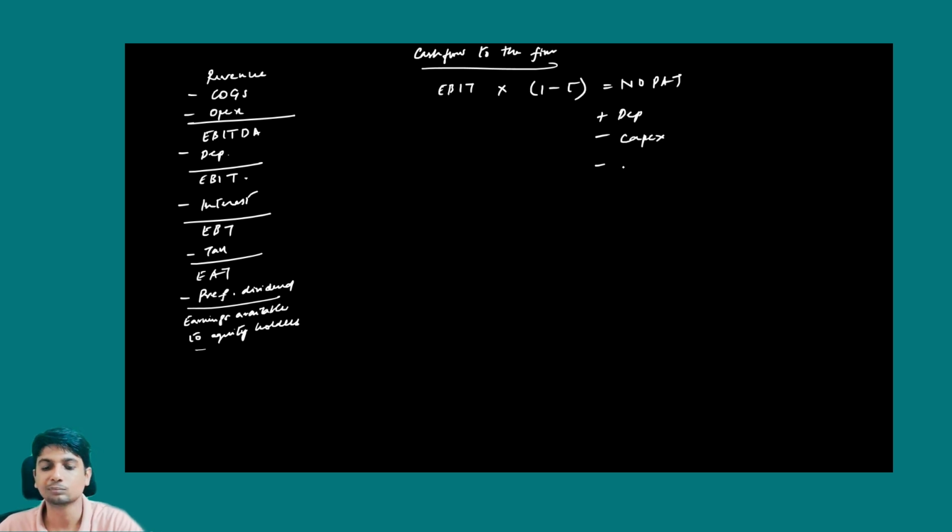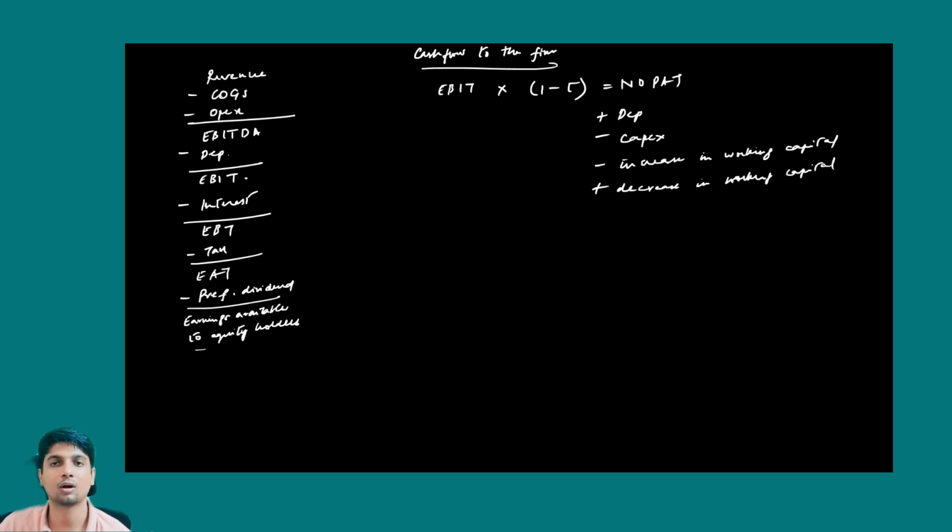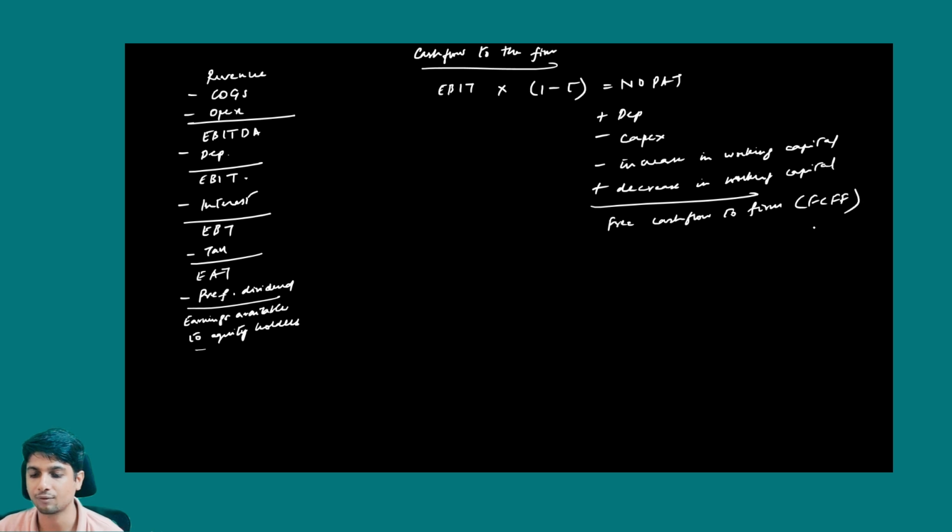I will subtract if there is increase in working capital, and I will add if there is decrease in working capital. Okay, so with this I will get free cash flow to firm. This is nothing but FCFF. Okay, so you found out how to get FCFF.